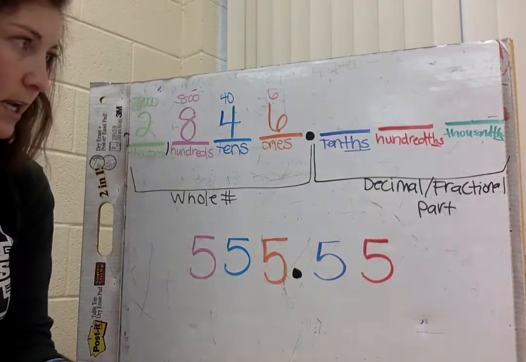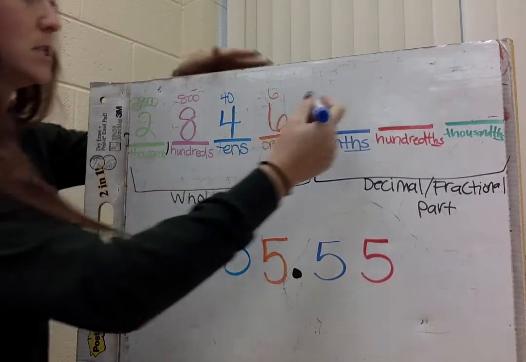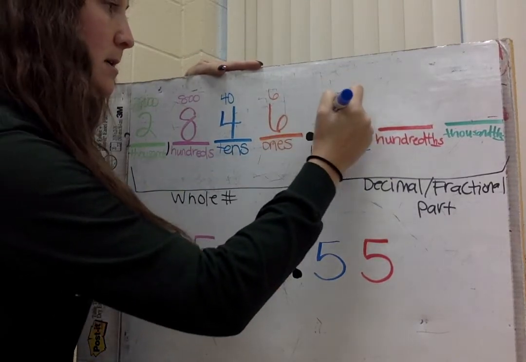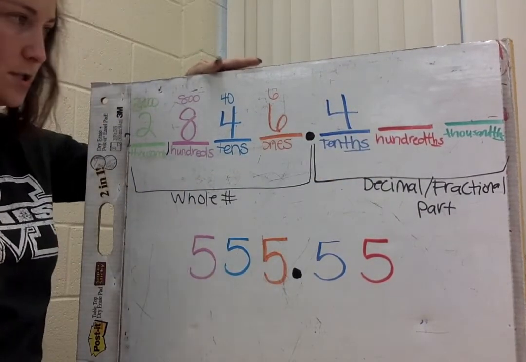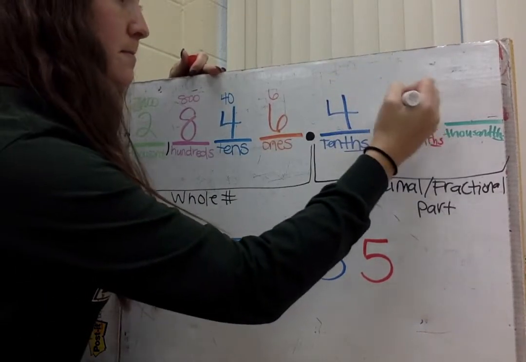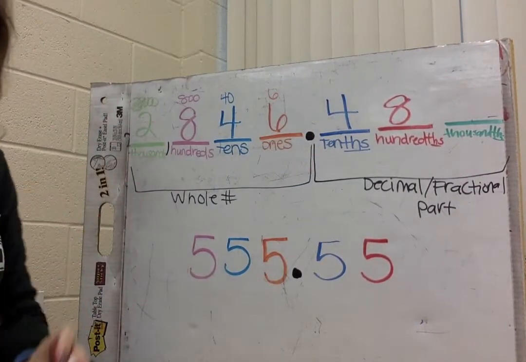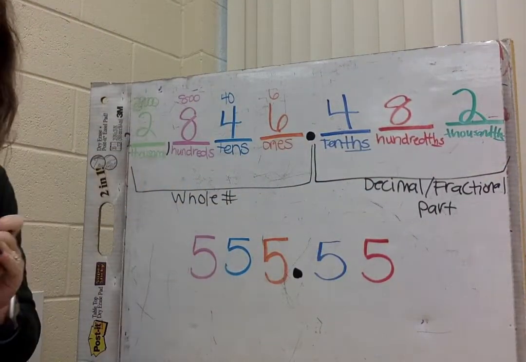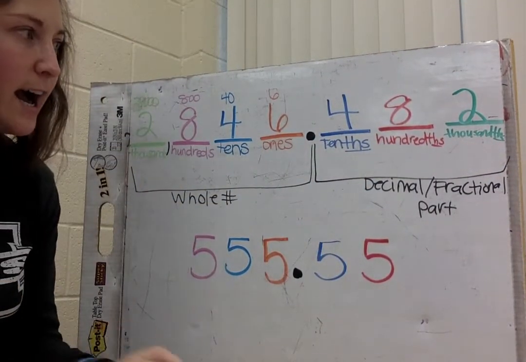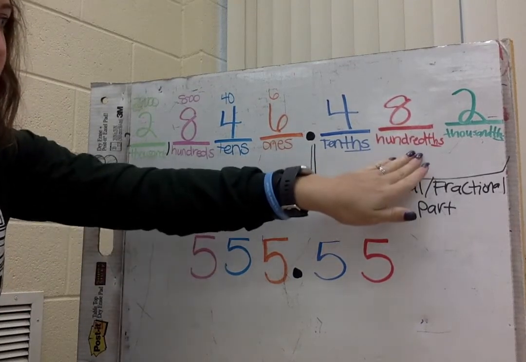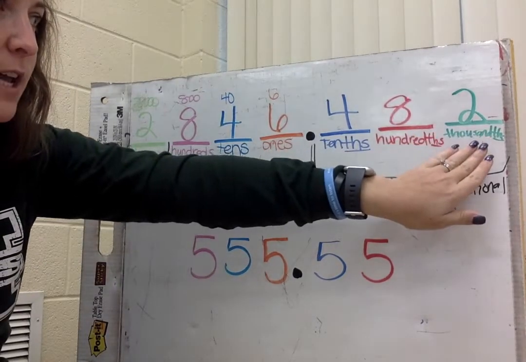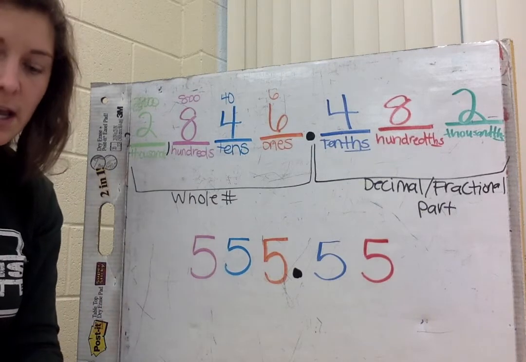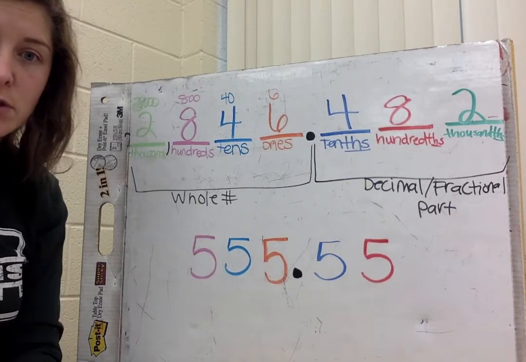I'm going to put numbers in here as well. So I have 4 in the tenths place, 8 in the hundredths place, and 2 in the thousandths place. And I want to talk about what those values look like.